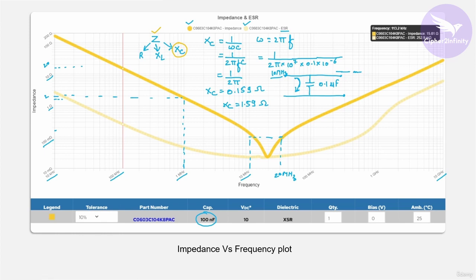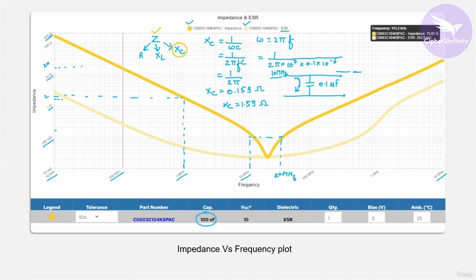Generally, frequencies where the impedance is 100 milliohms or below will be completely eliminated by that capacitor, because in this range the capacitor is providing very low impedance. And if you see here, for a 10 kilohertz frequency, the impedance provided by the capacitor is 200 ohms.